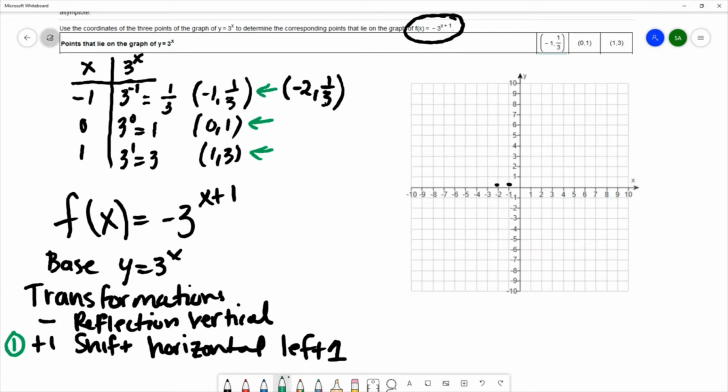Then we're going to do the transformation of reflection. This is a vertical reflection, meaning that anything that is above the x-axis gets reflected below. So that point, let me highlight that point, right now is 1/3 above the x-axis, and when we reflect it, it will be 1/3 below.